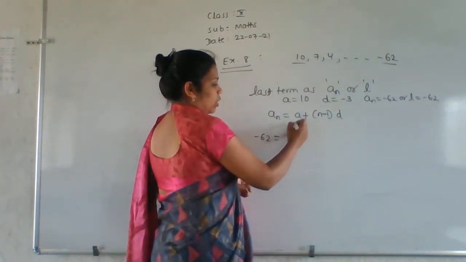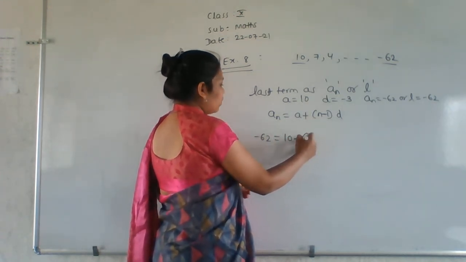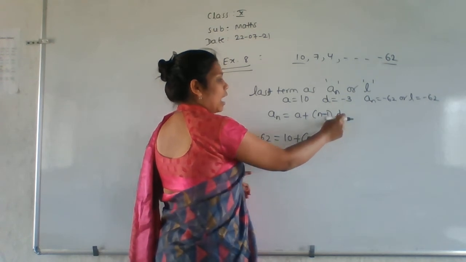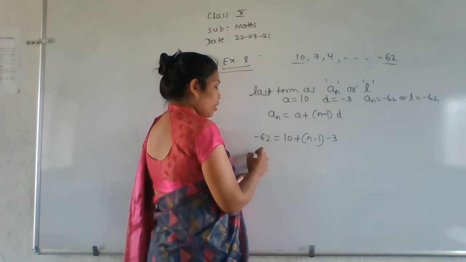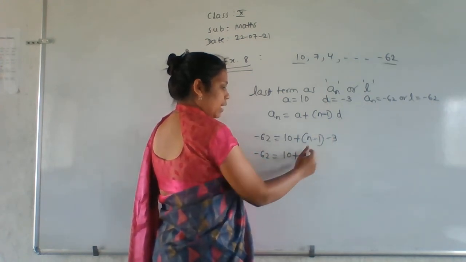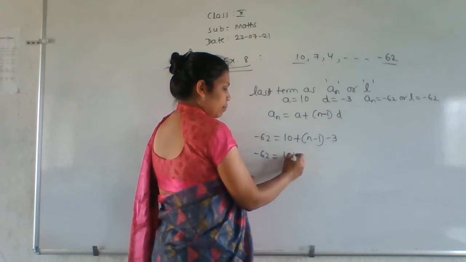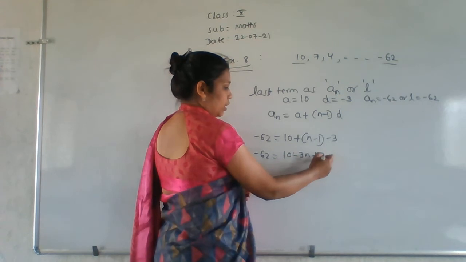Minus 62 is equal to a value, which is 10, plus (n - 1) and the value of d here is minus 3. Okay, now simplify. 10 plus, multiply here, that will be minus 3n, minus into minus plus 3, right?